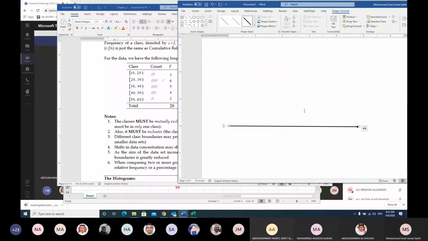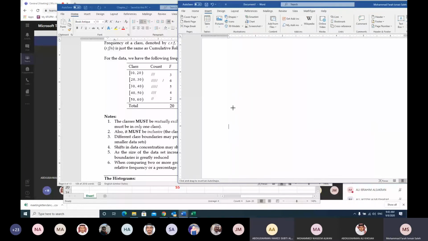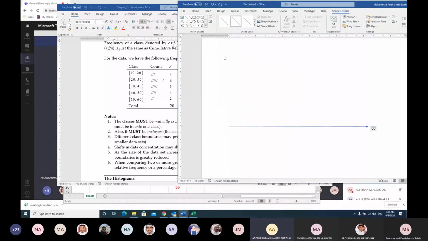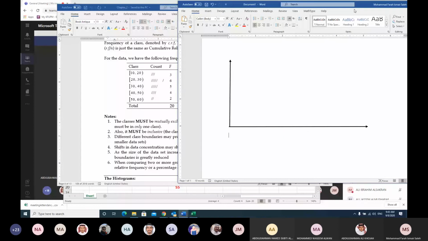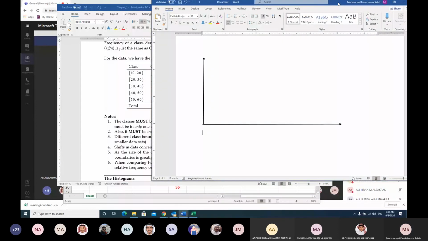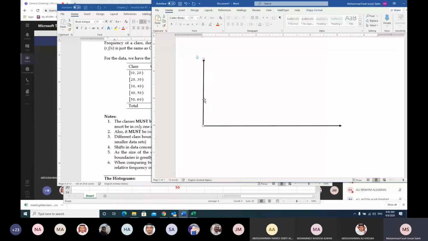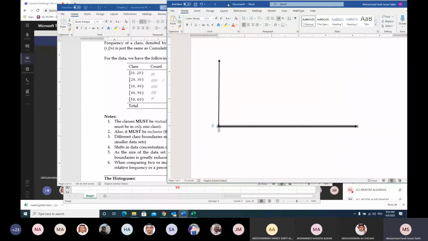If we put on the x-axis the upper end points, who can give me the upper end points for the intervals? Not 20 from the start; it begins with 10 to 20. Don't forget, the 20 is upper and at the same time lower. For the first class, what is the upper end point?